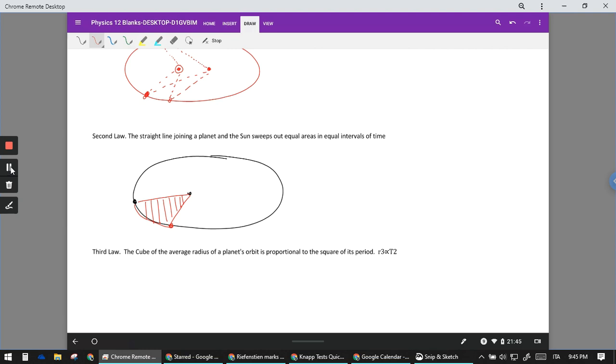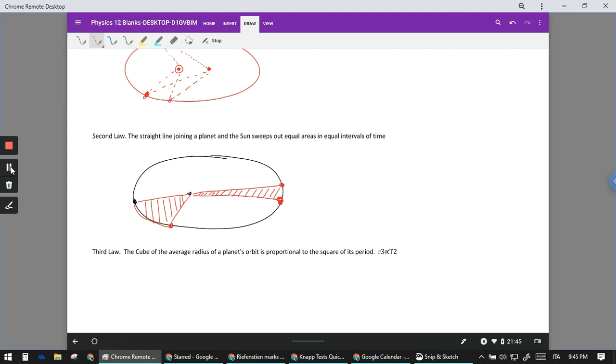okay? And then I've got maybe a planet here. Now if I draw a line like that, maybe my planet's there, and then I draw a line like that, such that these two areas, this area here and the previous area that I drew before, are equal.